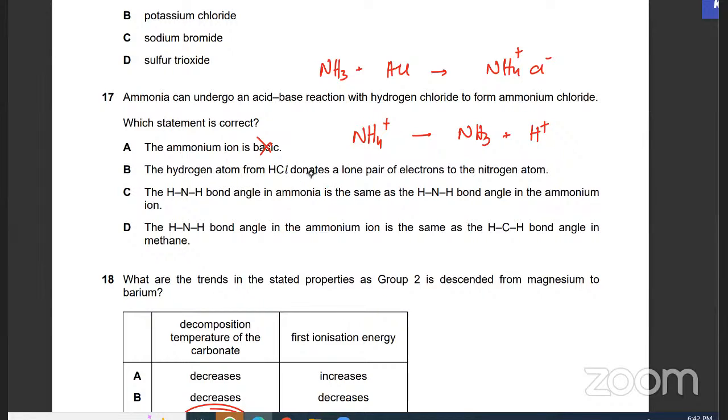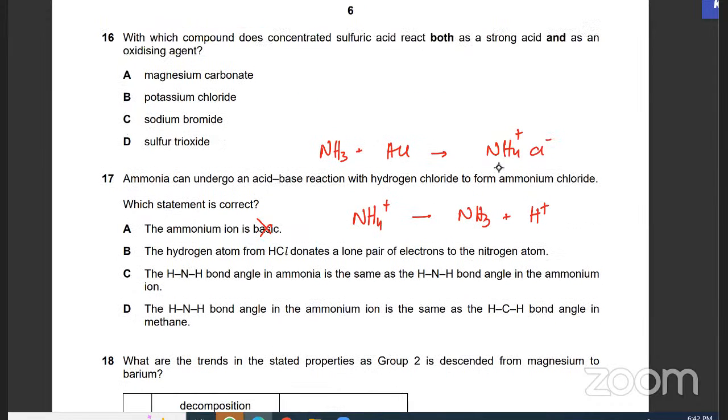The hydrogen atom from the HCl donates a lone pair of electrons to the nitrogen atom. Is that true? Like you have NH3. Firstly, tell me, why is NH3 basic? Why does it accept H? It can accept a proton, right?